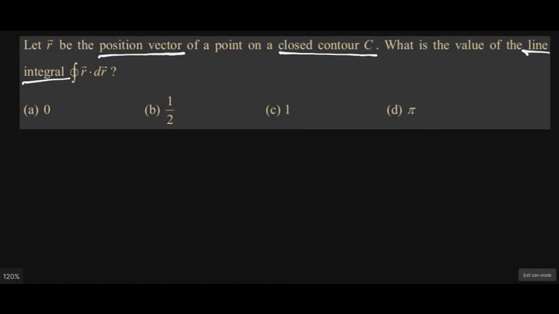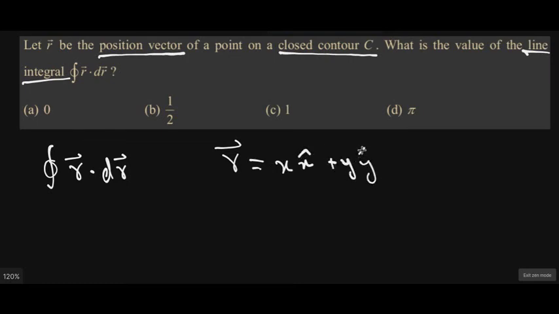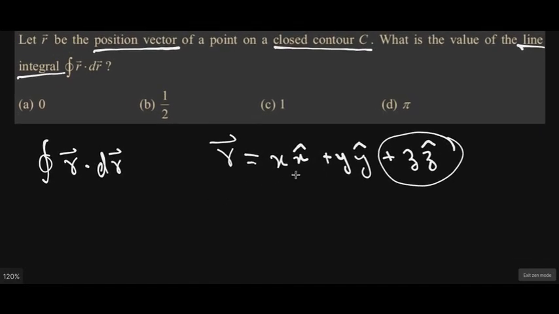We are told we need to find the line integral of r dot dr. We know from earlier that the position vector r is given by x in the x direction plus y in the y direction in 2 dimensions. If we are doing it in 3 dimensions, we will simply add z in the z direction, but for now we'll only do 2, because we are considering a contour on a plane rather than 3D.